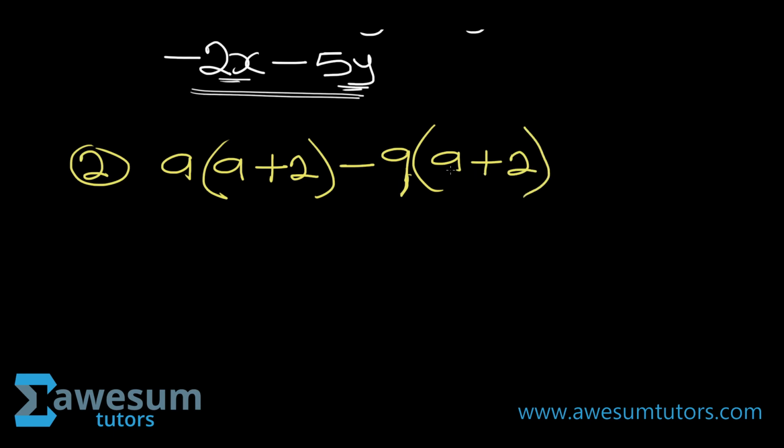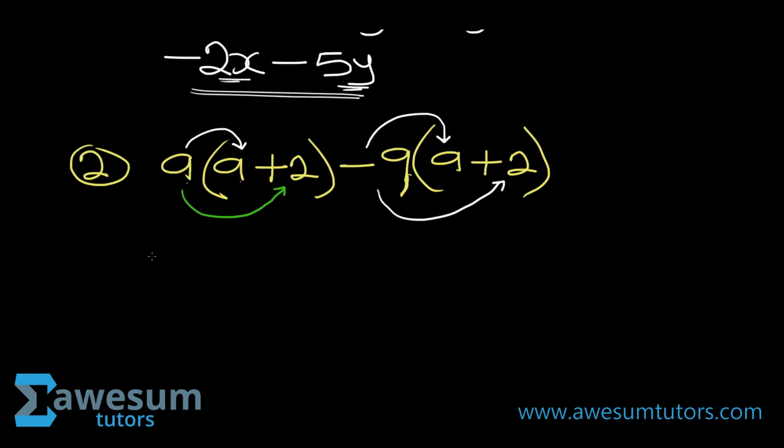Now, how do we do this? It's going to be the same thing, just the way we did the first question. You're going to use this to open up this bracket, and then we will use this to open up this bracket. So this is pretty easy. So now let's do that.